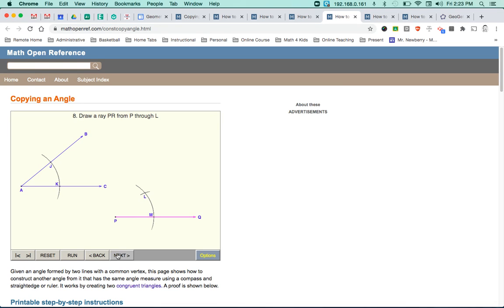On the top left, by measuring that from K to J, we then go down to our new line, and where they intersect is the same place that J and the arc intersect in our initial angle. So to get our solution, to get our angle that's congruent, all we have to do is connect P through L, and we've got our congruent angle.